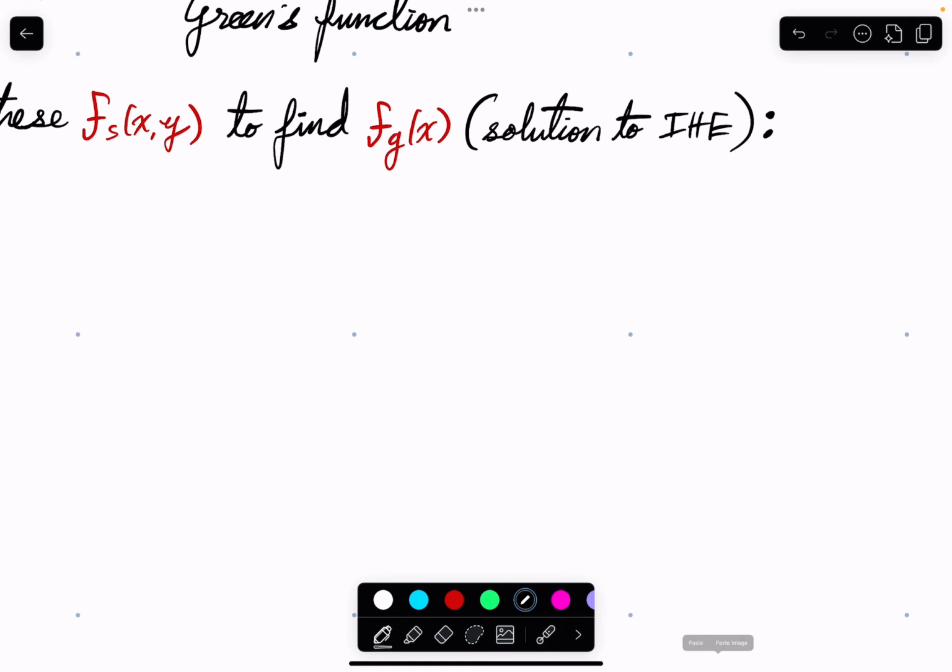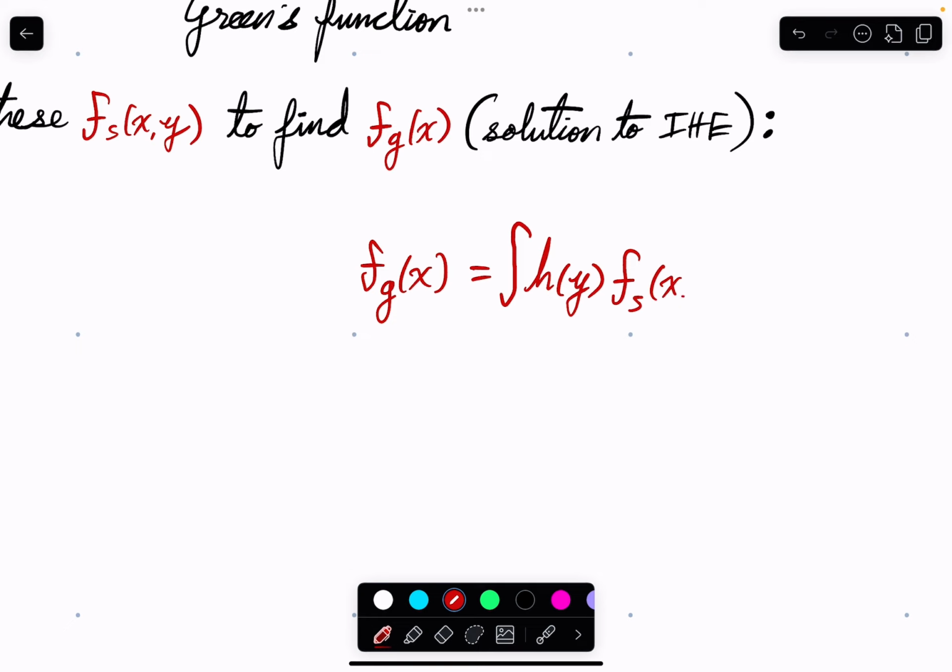And generally, this general solution is an integral of the field dependent upon y, and then the special solution of x and y, integrated over this position y. So this right here is h of y.